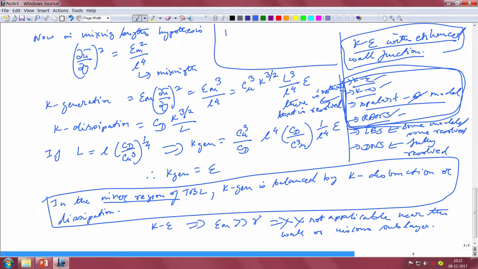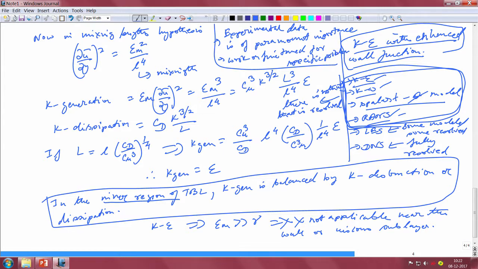Experimental data is of paramount importance for all these models, and they work for, or are fine tuned for, specific problems. So do not think that they can be used universally. There are no universal models as such.